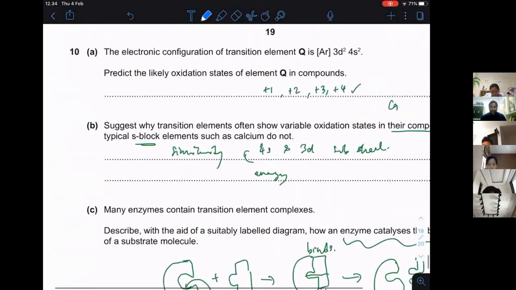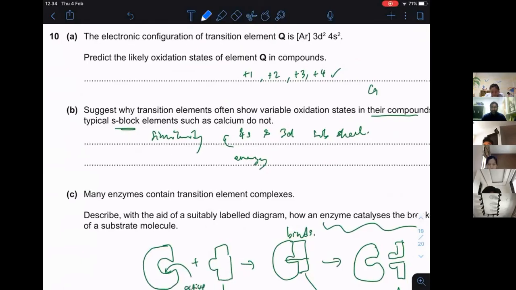You can see the possible oxidation states, everything is there. To answer this question: why do transition elements have variable oxidation states? The reason is quite simple. In the marking key, they say that the 4s and 3d subshell energies are similar, that's why they have multiple oxidation states.